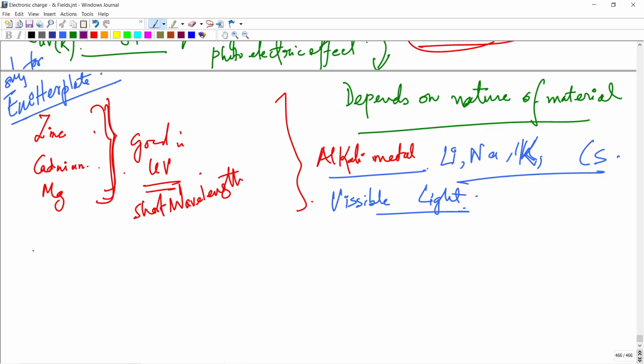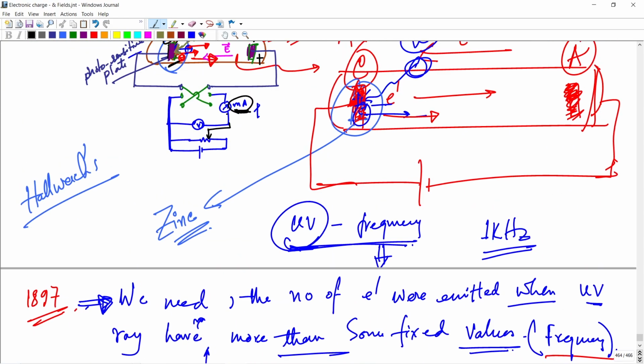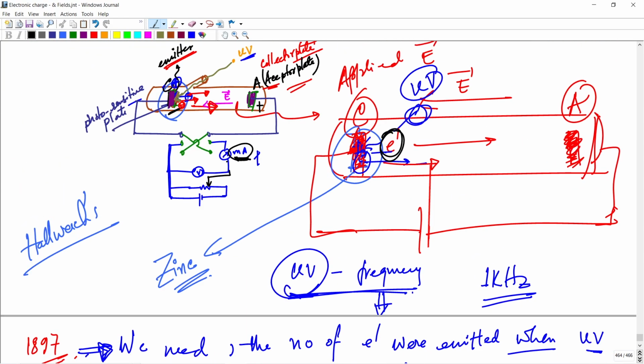We need a photosensitive substance, from which electrons freely escape from the metal, and the frequency of the UV light must be greater than the threshold frequency.